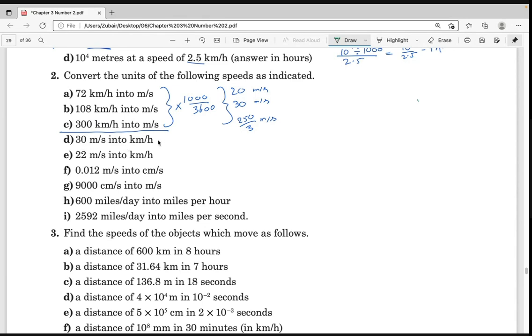Second one says meter per second to kilometer per hour. That would be 3600 over 1000.